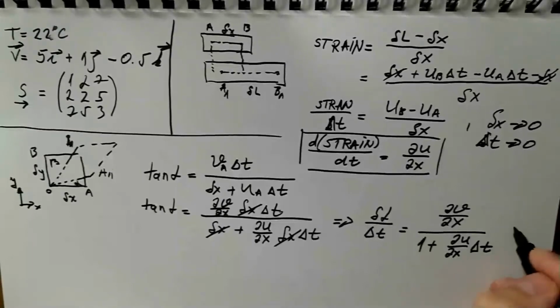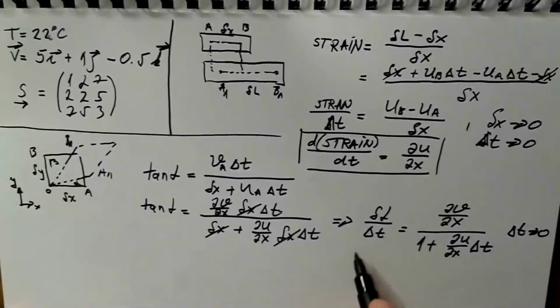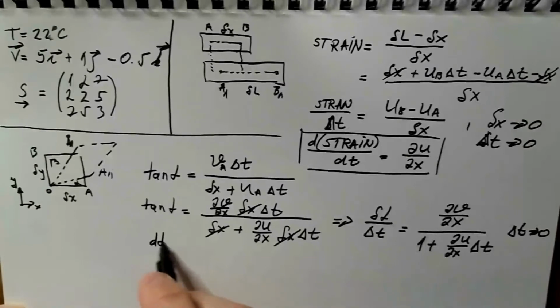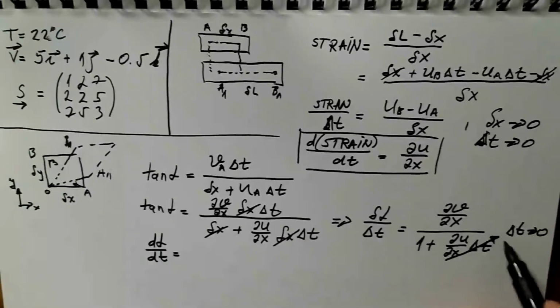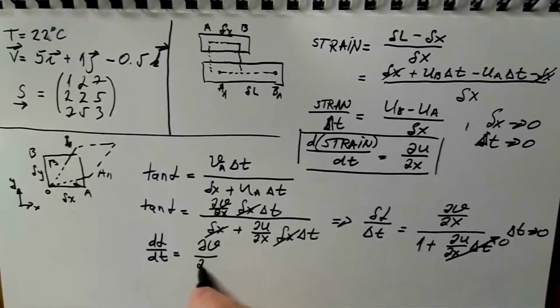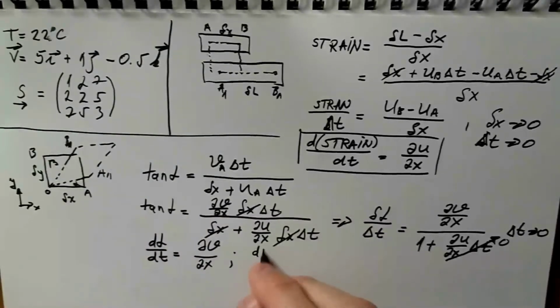Now I will set my delta t to go to 0, and you can see that the left side of this expression becomes d alpha over dt, and on the right hand side, 1 is a constant. If delta t goes to 0, then this term becomes infinitesimally small compared to 1, and I can neglect it as a higher order term. So this becomes delta v over delta x. Using the same reasoning, I can derive the rate of change of beta. d beta over dt is equal to delta u over delta y.